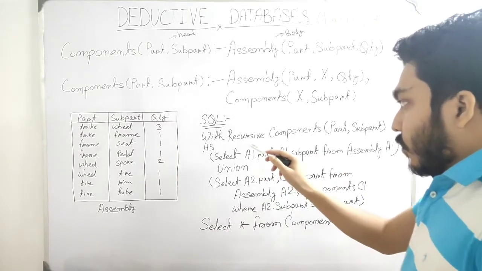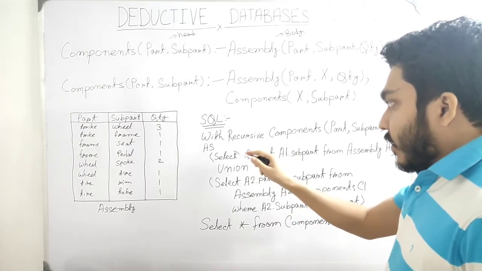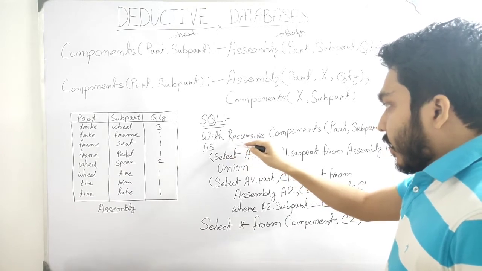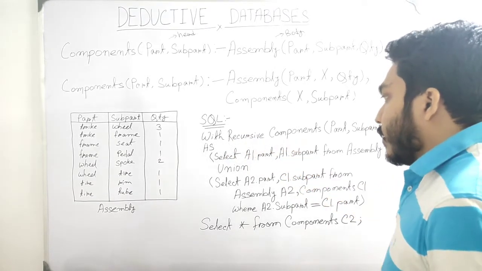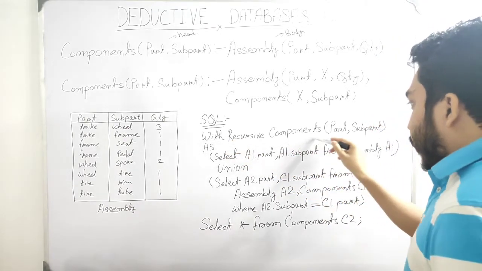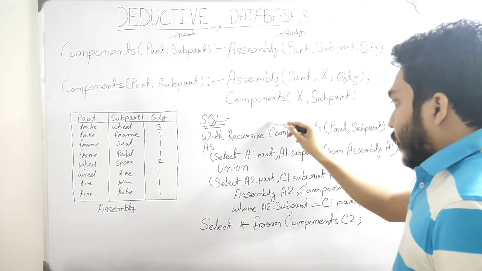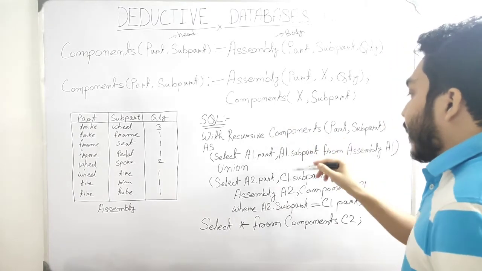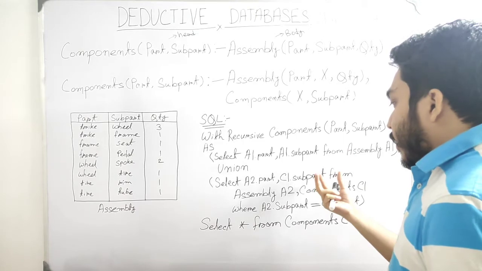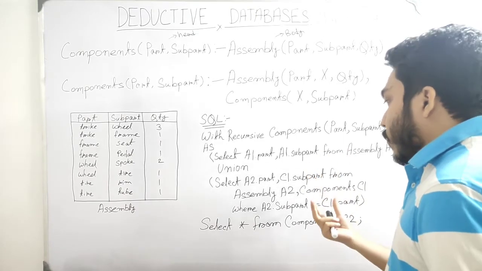Just note down two things here. First, our query has a with clause, and second, our query has a recursive clause. With clause means this component table is not a physical table; it is stored as a logical component, like a view.